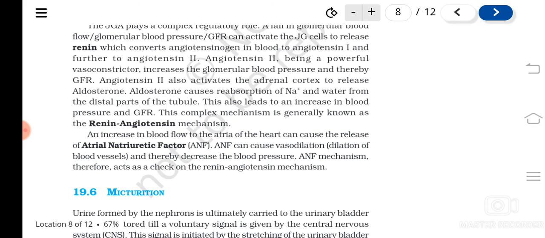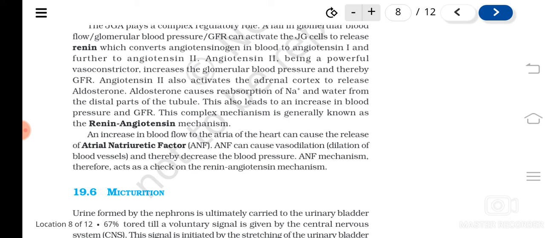Then another important factor: if there is increased blood flow in the heart, that can cause atrial natriuretic factor, ANF. This causes vasodilation, which means the blood vessels will be dilated, and this decreases the blood pressure.